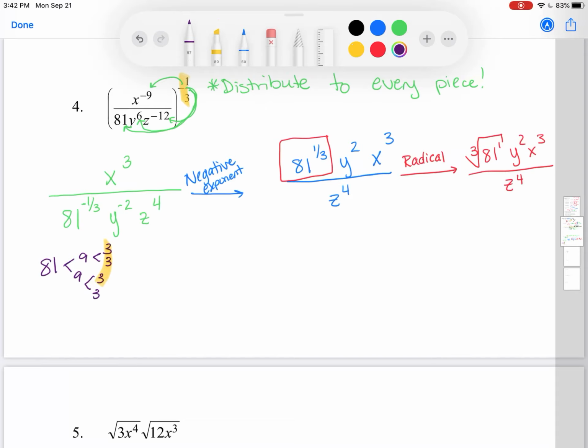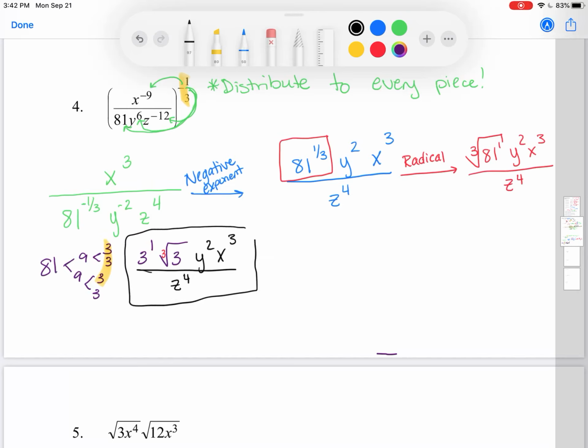So I have one group of 3 of the same numbers, and then I have one left over. So that means I can take out one group of 3s with a 3 left over, but remember what type of root it was. It was a cube root, so we have to remember that cubed on my root again. And once I'm done with that, I'm just going to bring down the y squared, the x cubed, and the z to the 4th.